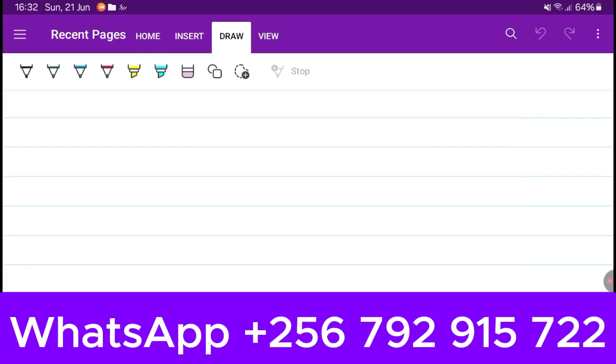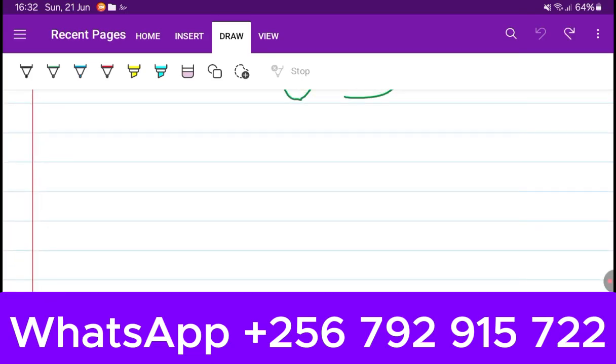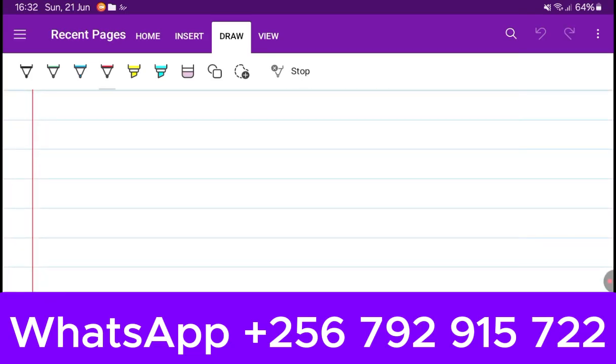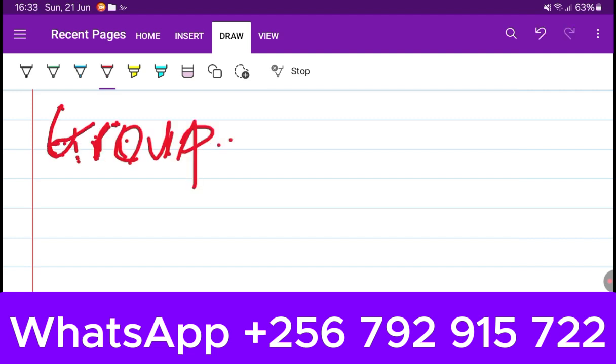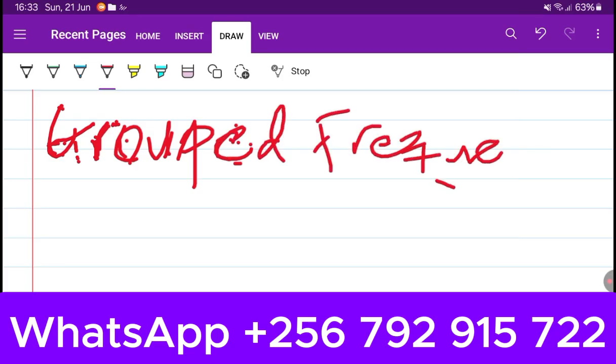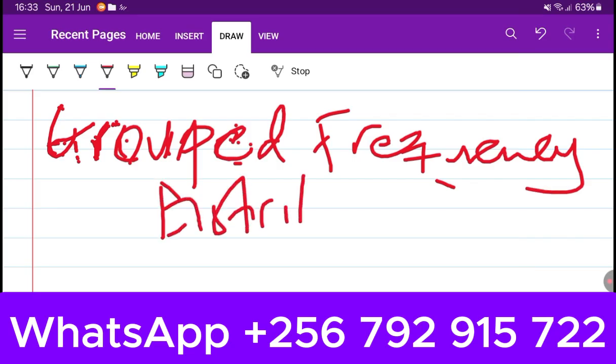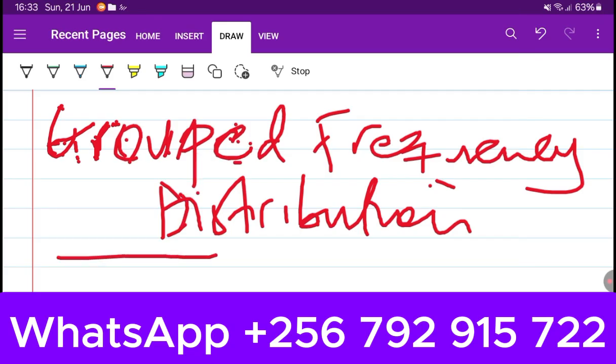So without wasting more time, let's look at the grouped frequency distribution.